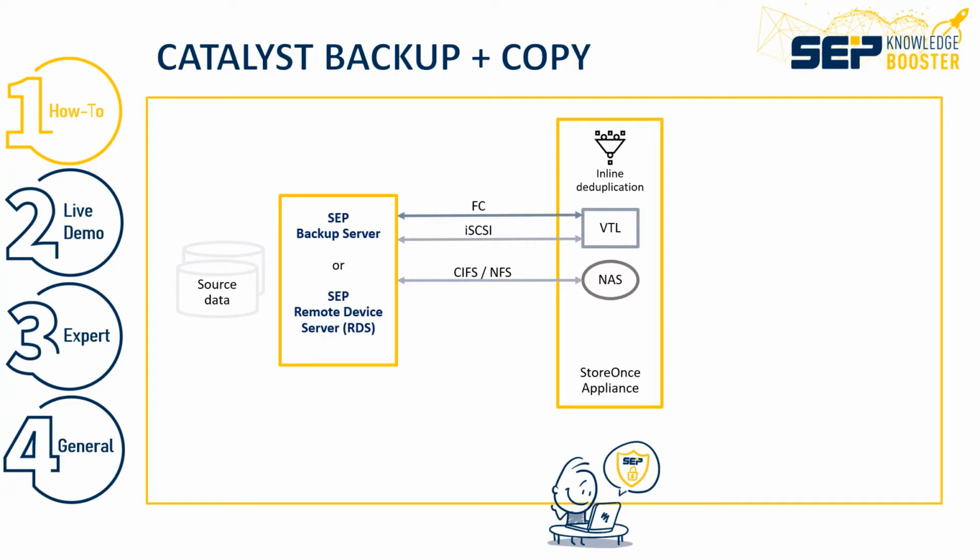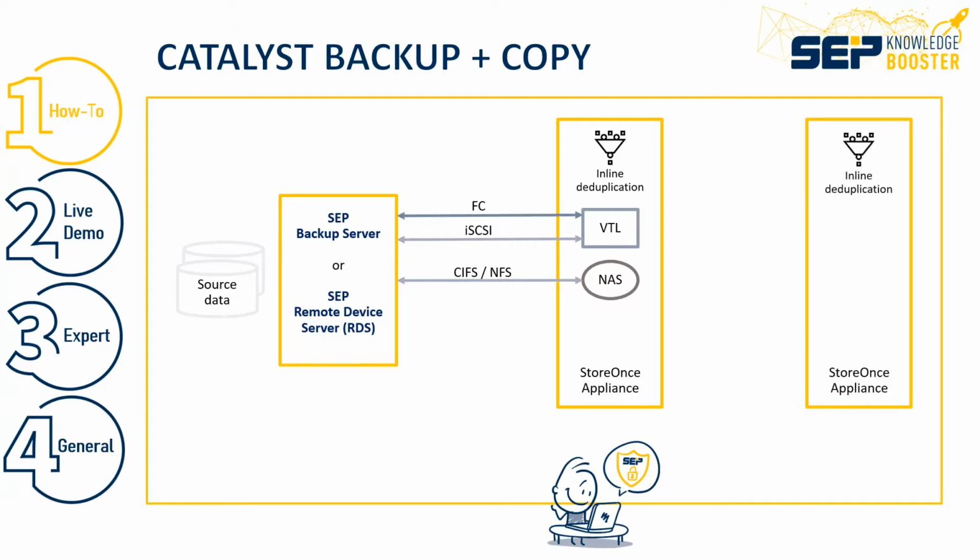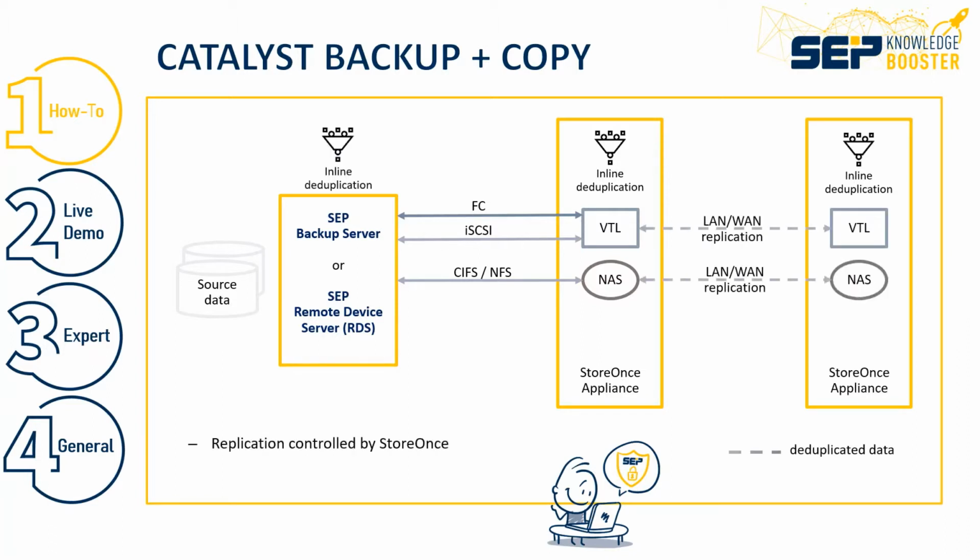And it is possible that the StoreOnce is doing a replication in deduplicated form via the respective network interfaces to a second StoreOnce appliance. However, in this case, the replication is triggered and executed by the StoreOnce itself, so the backup server does not have any knowledge of this replication task, and therefore we cannot do a restore from the second StoreOnce because we do not have any knowledge about it.